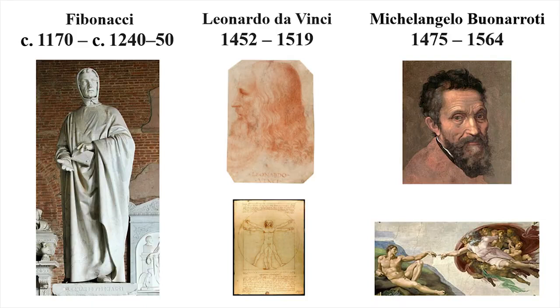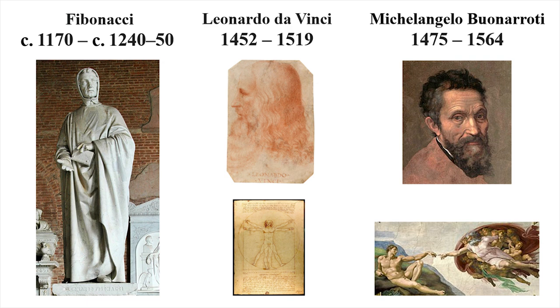Michelangelo got it closer. Fibonacci was before all of them. Fibonacci was around 1170 to 1240. That's where he came up with his numbers. A couple hundred years later, Leonardo da Vinci is fine-tuning it, and then 100 years after that, or not even that, Michelangelo is perfecting it even further.